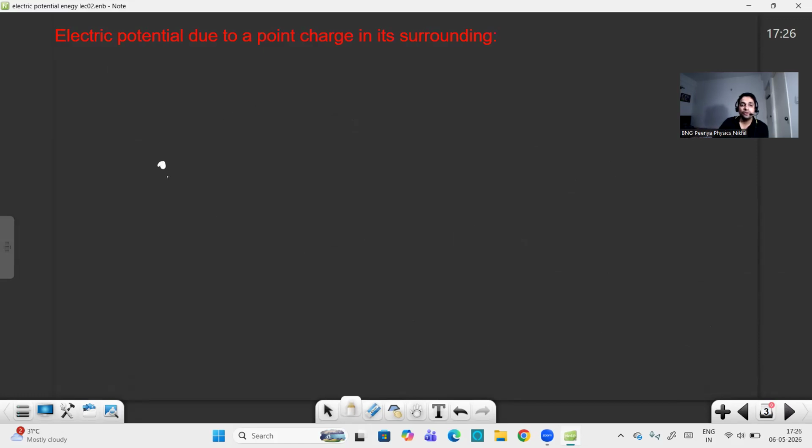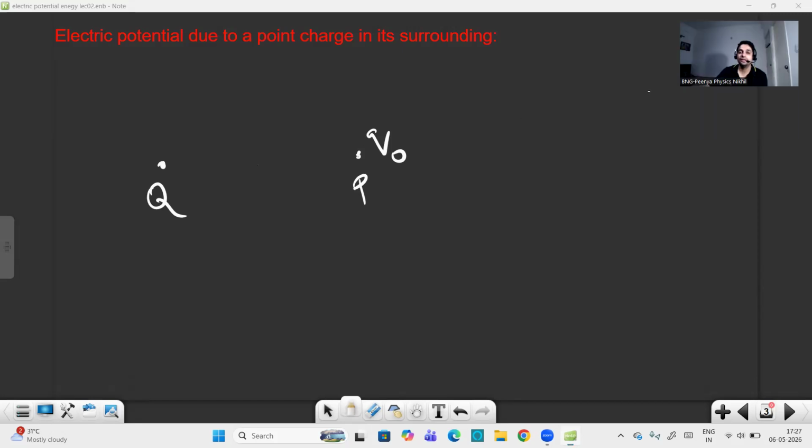Now, electric potential due to a point charge in its surrounding. Let us consider one point charge Q here. Now in its surrounding at any point P, I will take another charge Q naught. What is the interaction energy between these two? Interaction energy, which we already studied in the last class, is nothing but the potential energy. So potential energy is K Q Q naught divided by R, where R is the distance between them.